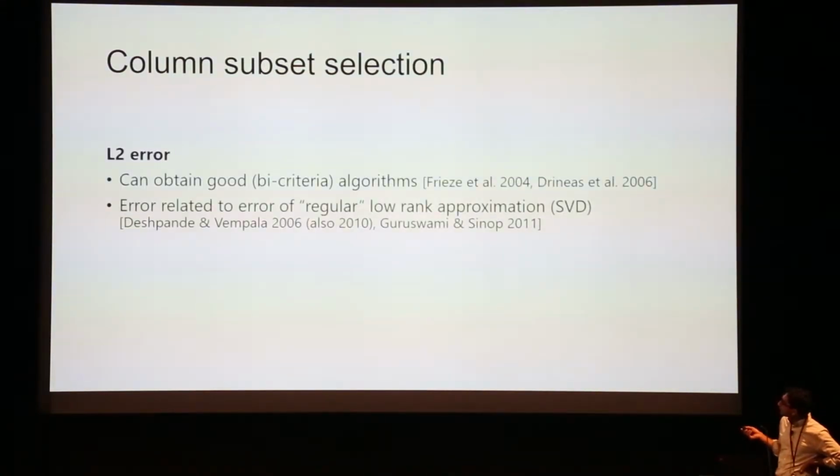And here there are very good bicriteria algorithms, and there are lower bounds as well. There's a lot of work on this, so I've only cited a few of the early works. One interesting fact about L2 approximation is that the error using this kind of column approximation turns out to be also related to regular low rank approximation.